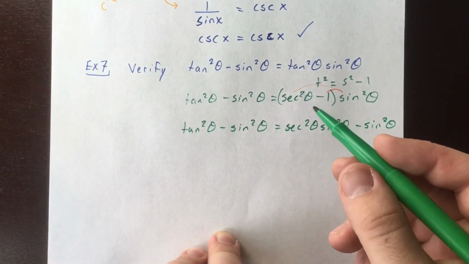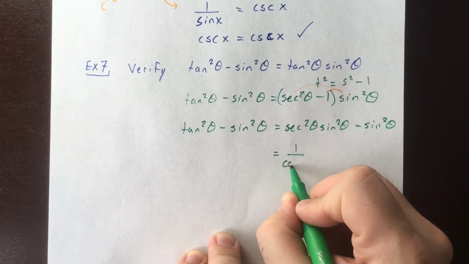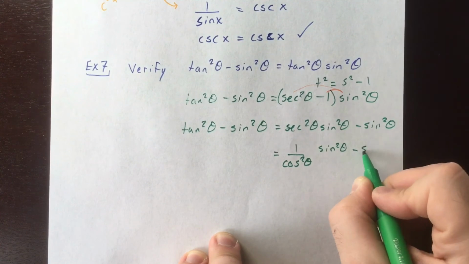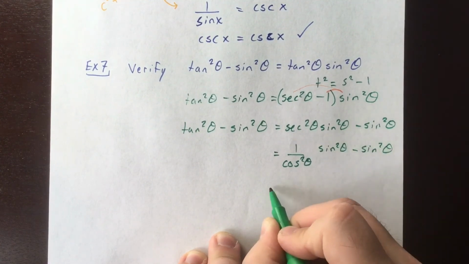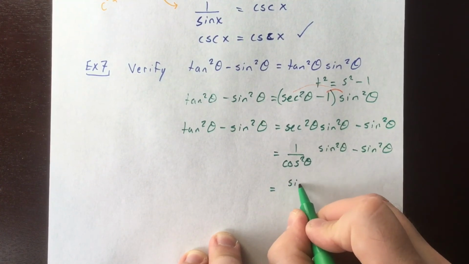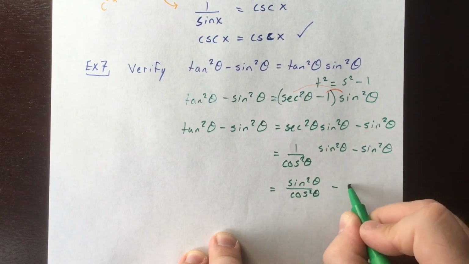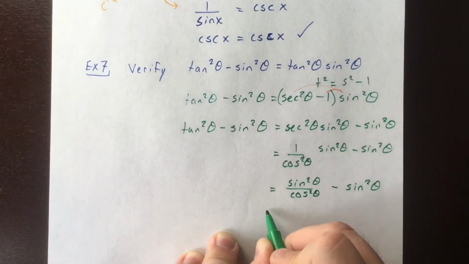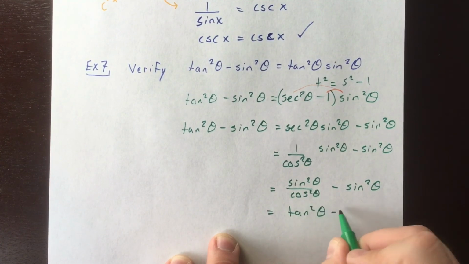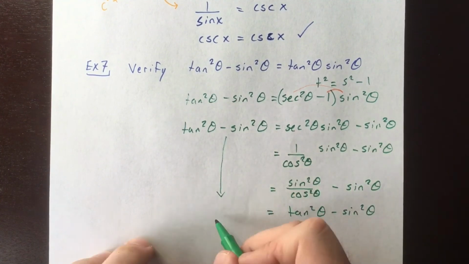So secant squared theta is equivalent to 1 over cosine squared theta. Okay, so that gives us sine squared theta over cosine squared theta, which, using our quotient identity, gives us tangent squared theta minus sine squared theta, and here we go, we verified.